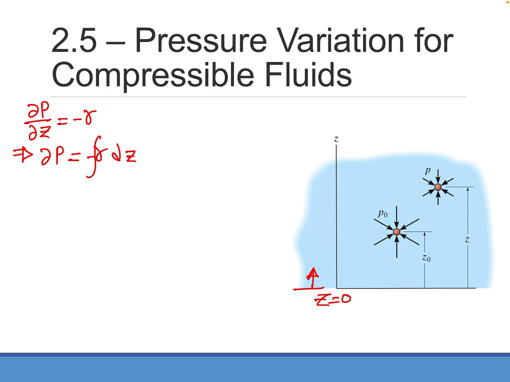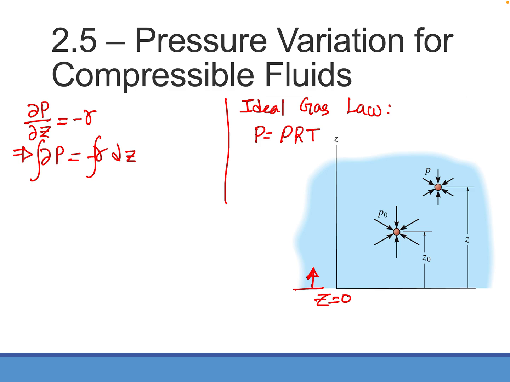Now since gamma is not constant and it's for gas, obviously we need to use the ideal gas law. If you can remember, it was P equals rho R T. P and T were absolute, R was the ideal gas constant and rho was the density.